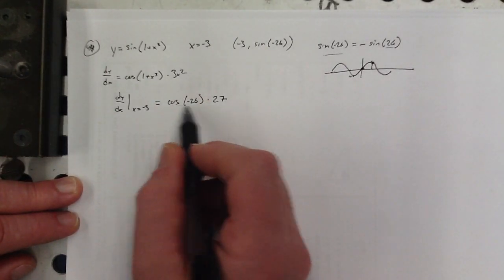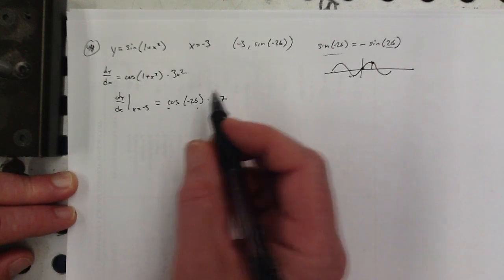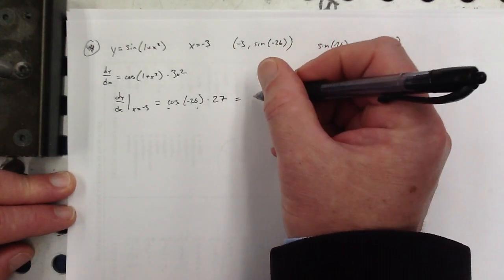Likewise, the cosine of -26 is the same as the cosine of positive 26, because cosine is an even function, and that's a property of even functions.